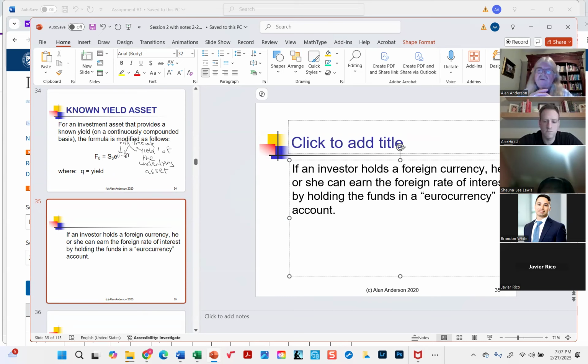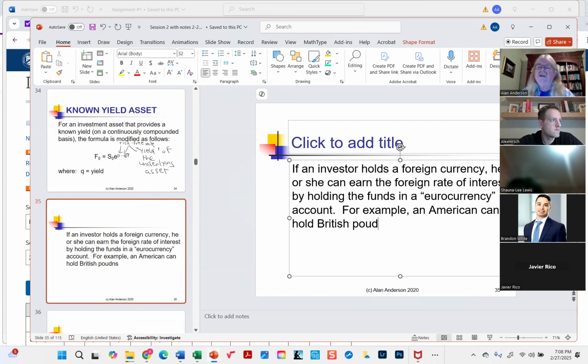Let's say you are in New York City and you own British pounds. For example, an American can hold British pounds in what's called a euro sterling account.